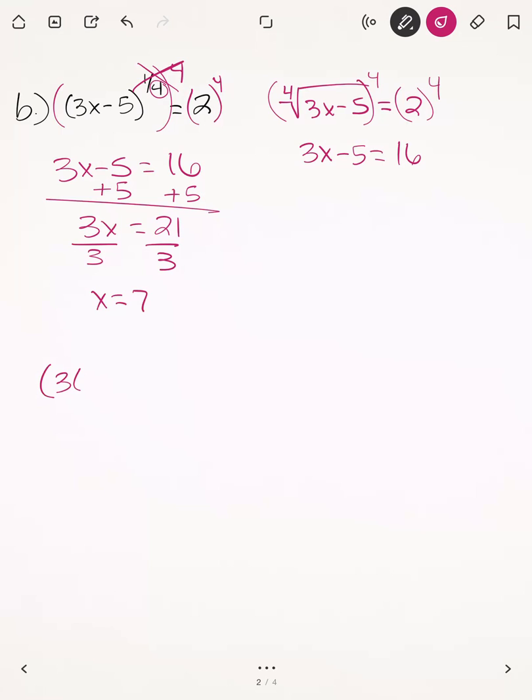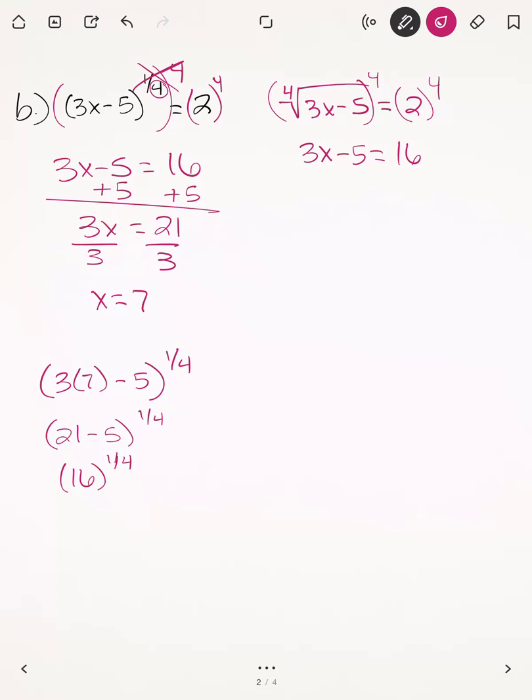Again, I check my work. So I have 3 times 7 minus 5 to the 1/4 power, or you could plug it into the radical form, but I suggest doing the original one because what if you made a mistake? You never know if you made a mistake where it happened. So 3 times 7 is 21 minus 5 is 16 to the 1/4 power.